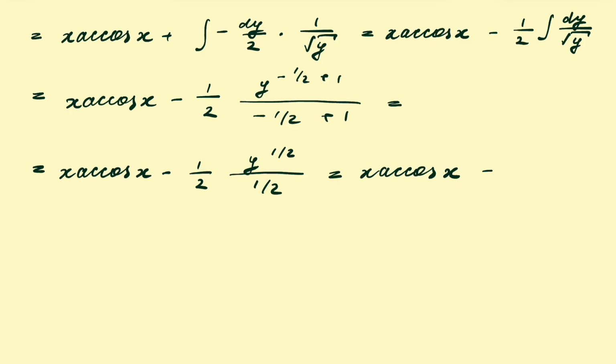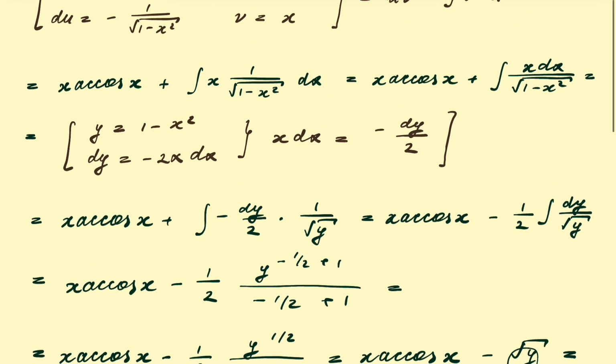Now these two cancel each other out because it just means we have 2 here, and we also have the square root of y, so it's just minus square root of y with a constant, but I'll write it towards the end since we need to replace y by its initial value.